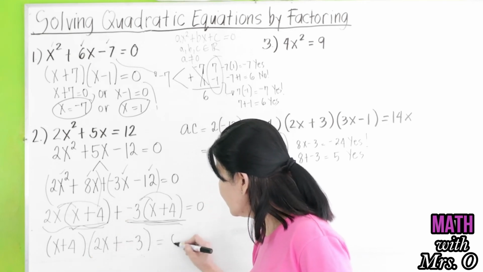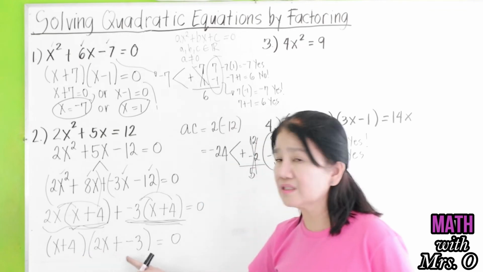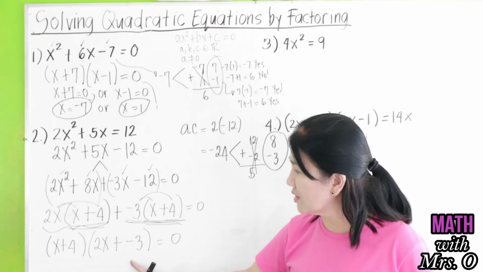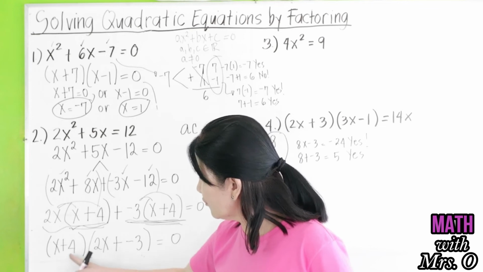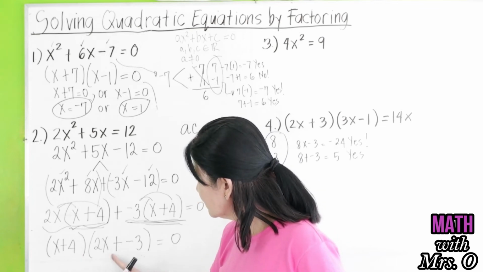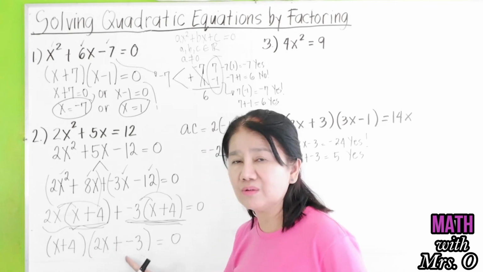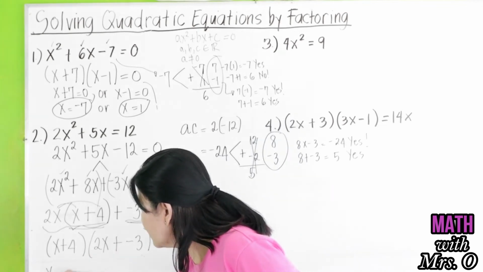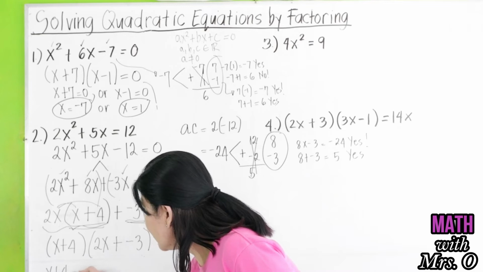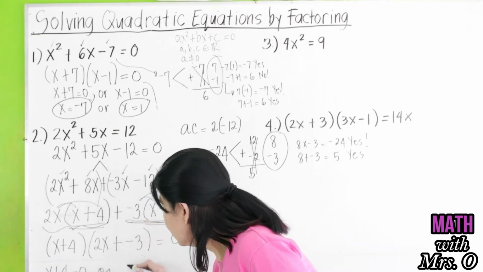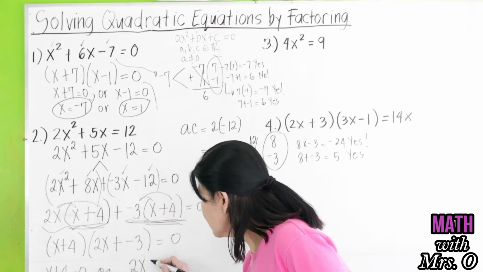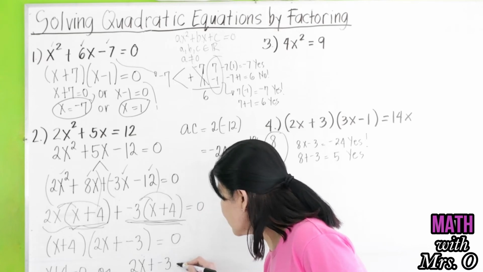There. Equals 0. Then by the zero product theorem, if two factors A times B equal 0, then A equals 0 or B equals 0. Equate x plus 4 equals 0 or 2x plus negative 3, or minus 3, equals 0.